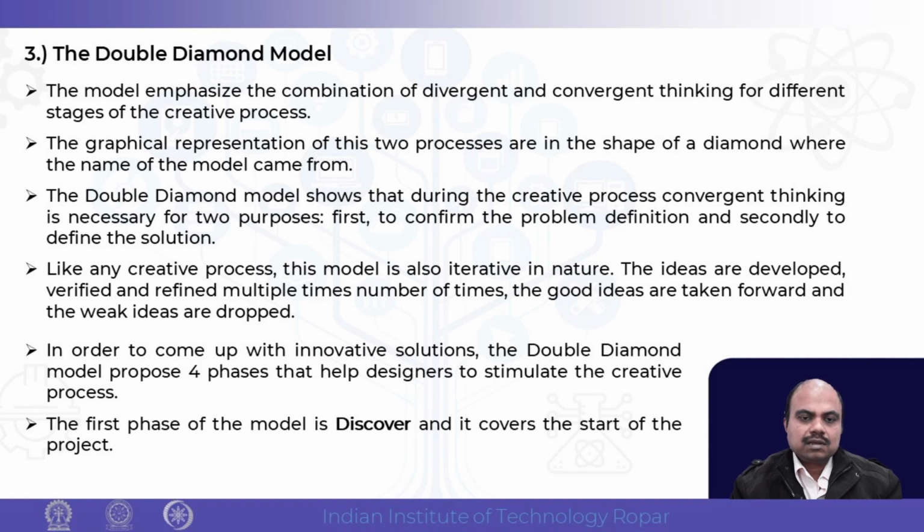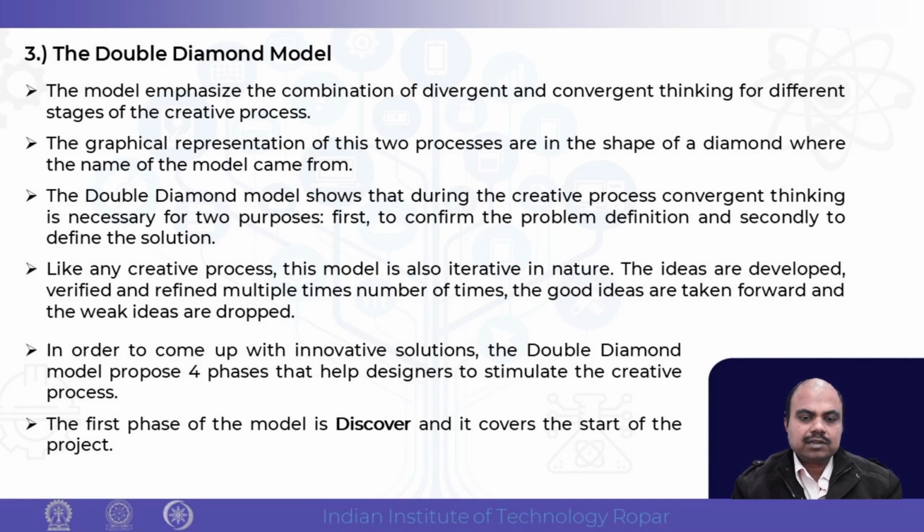And likewise, the creative process is iterative in nature, and this is how ideas are developed, and there are various ways in which we can generate and think about ideas. So in order to come up with innovative solutions, the double diamond method proposes 4 phases that help designers to simulate and create a creative process.